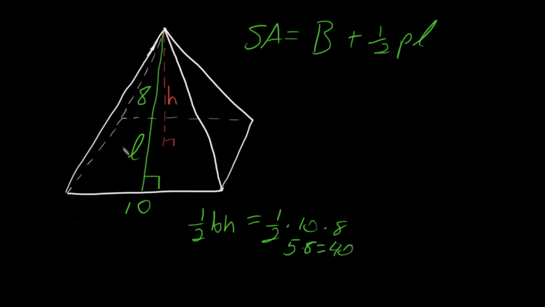And we know that this is just one of 4 equivalent triangles. So if we multiply the 40 by 4, we would end up with 160 as the lateral area. In other words, the area of all the surfaces minus the base itself. So instead of having to do this 4 times or get it once and multiply by 4, we can add the perimeter here, all the 10s around, and multiply it 1 time by our slant height, and then multiply by 1/2. And by doing that, we would get all 4 lateral surfaces at once.